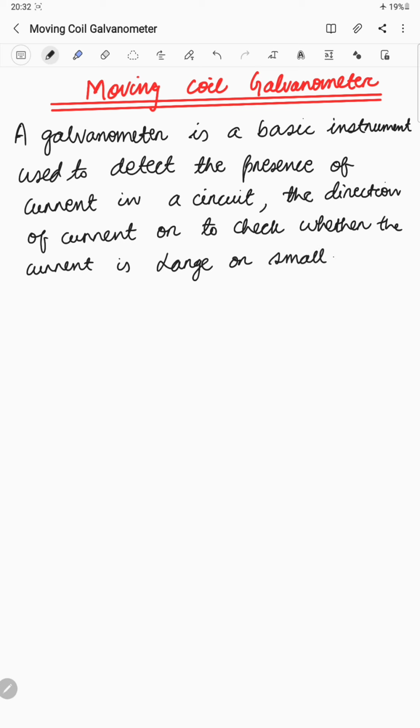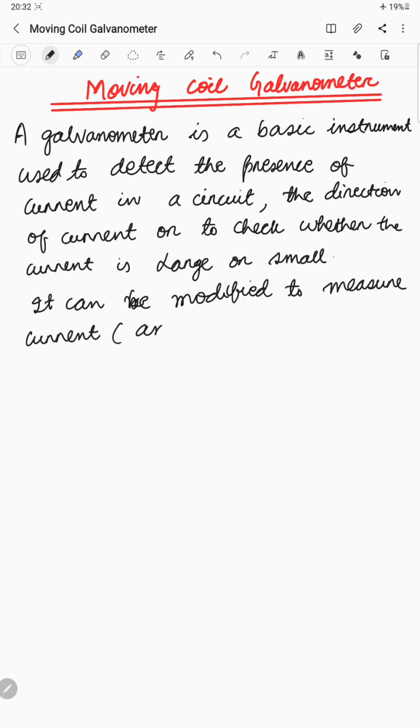Apart from that, it can also be modified and can be used for measuring current and potential difference. So it can be modified to measure current. And what is the instrument that measures current? That is ammeter.